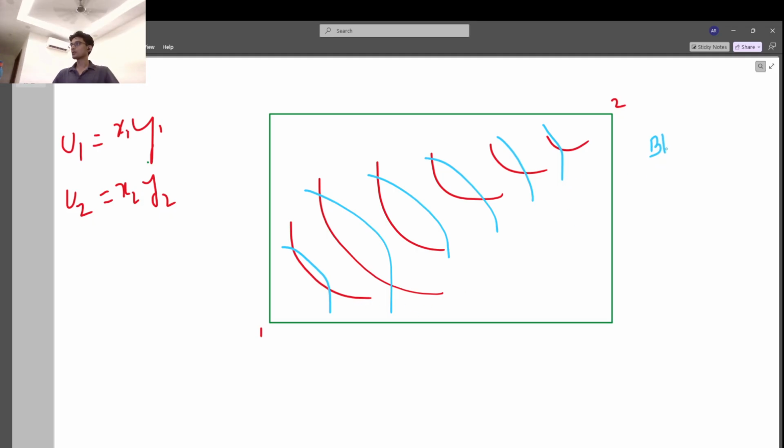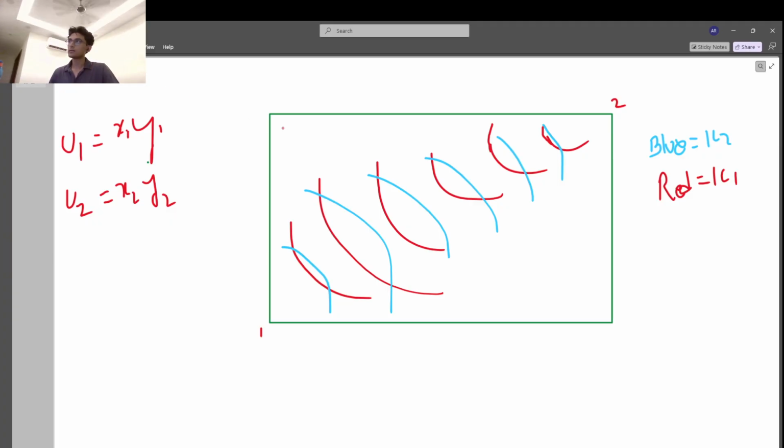Blue is equal to the ICs of individual two, and red is equal to the ICs of individual one. So these are the ICs of individual one and two.